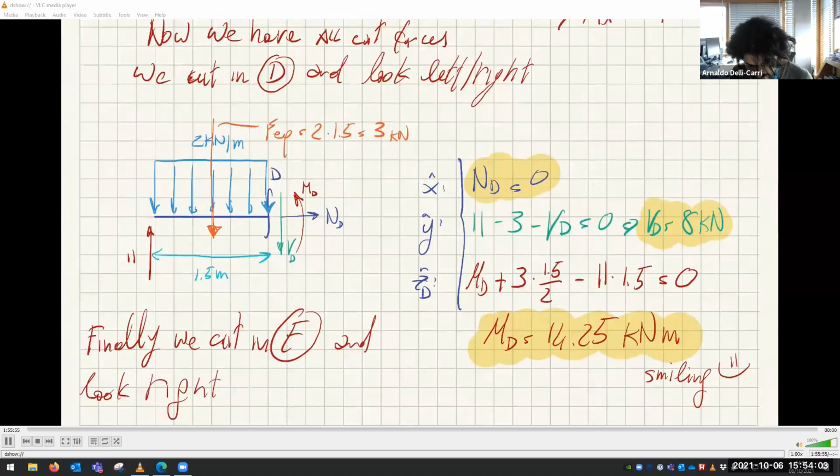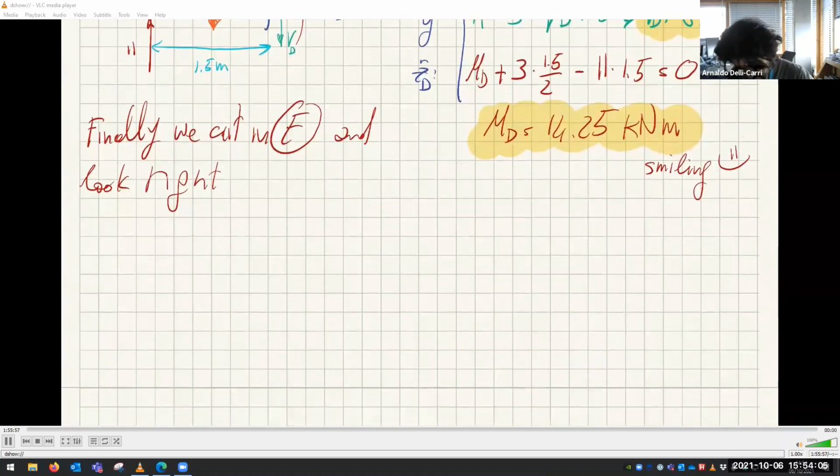So cut in E, look right means go here, draw this, make it thicker. This is the cut. So this is point E. We have here the 10 kilonewton load applied exactly at E, although it doesn't look like it, but it is applied at E.